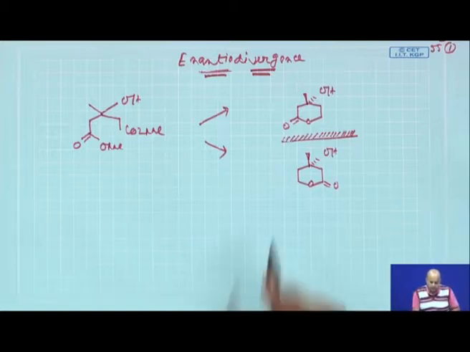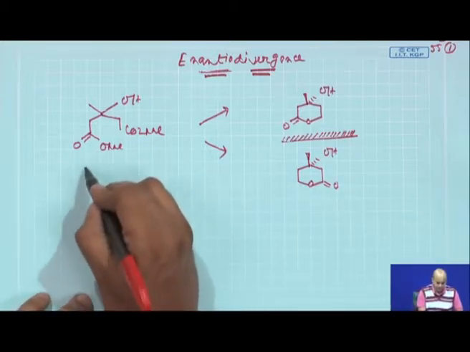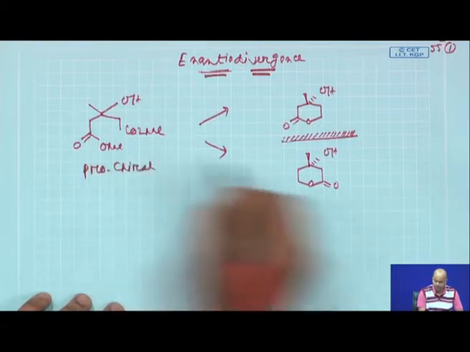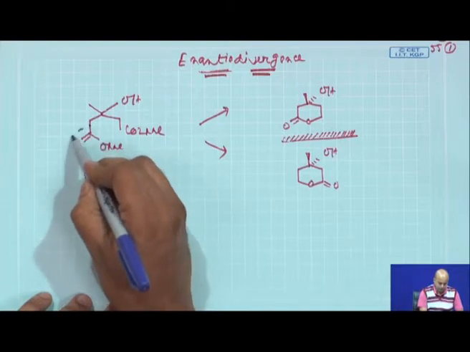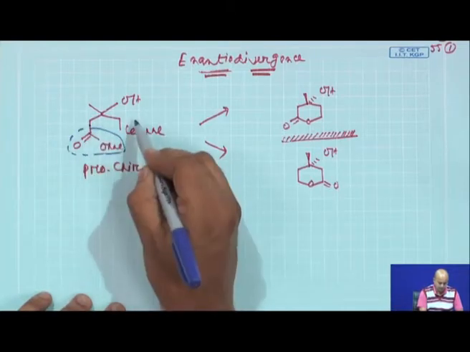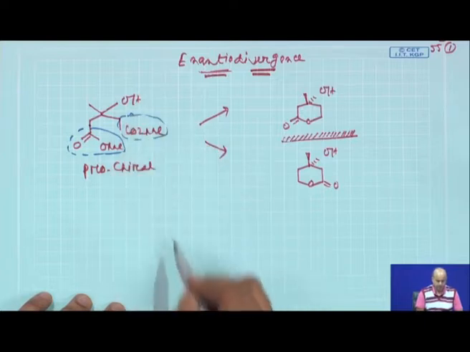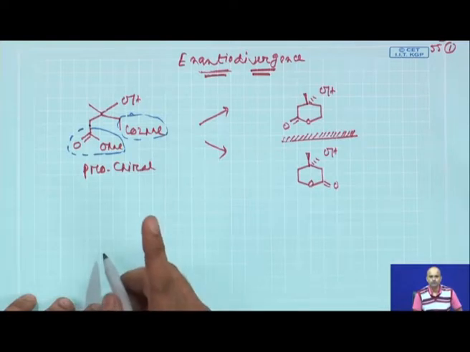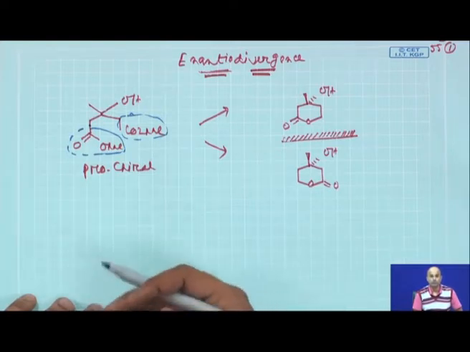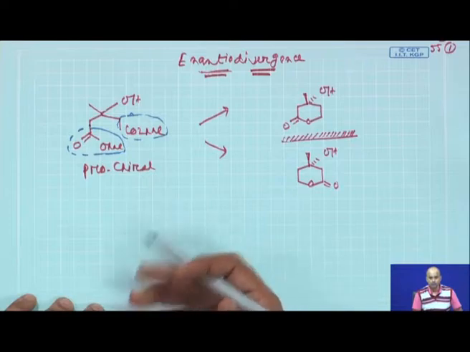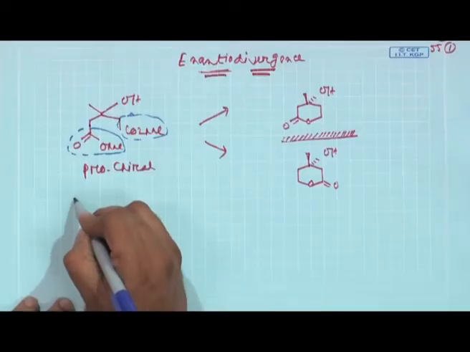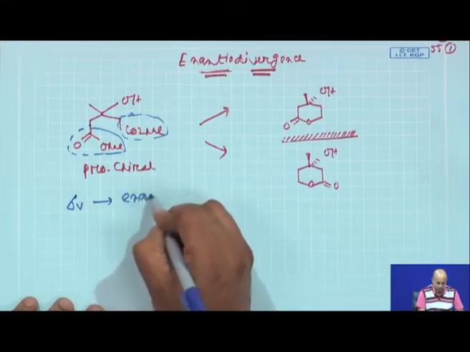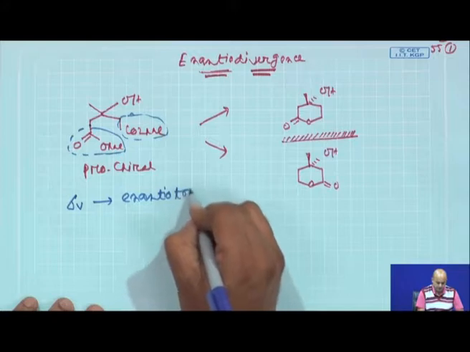So, what in reality you need to think about: the initial starting compound is a prochiral compound. It is a prochiral compound, meaning that this CH2CO2Me and this CH2CO2Me are enantiotopic. For the sake of simplicity, if the topicity was not properly taught to you, just remember that if the molecule has a sigma V plane, similar groups show enantiotopic behavior.